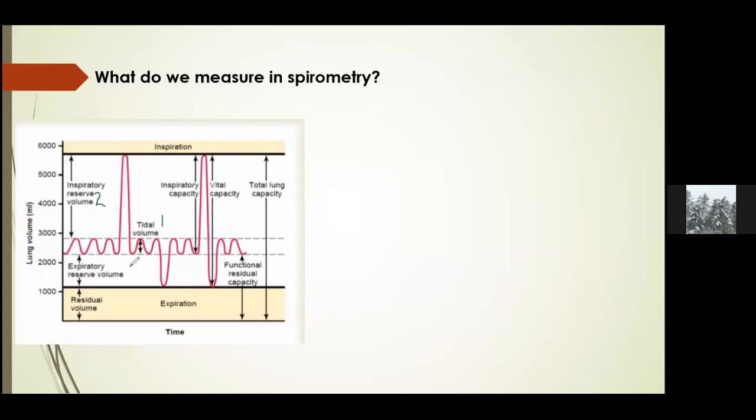And then number 3 was the expiratory reserve volume. Now, the next volume I want us to check is the residual volume. So when you're discussing, always remember 4 volumes.